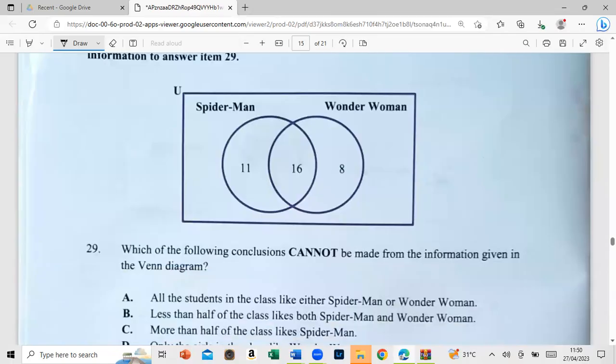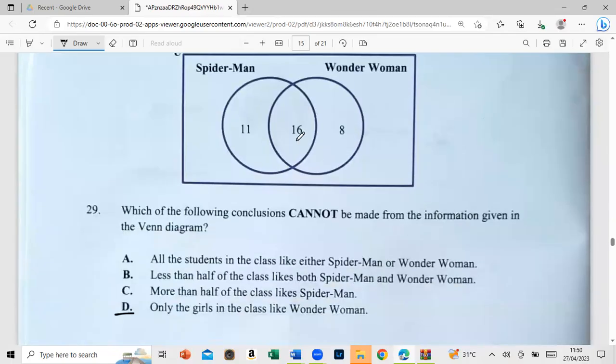So based off of this, 11 plus 16 is 27, plus 8, that'll be 35 students in the class. Yeah, there was nobody outside, so that checks out.